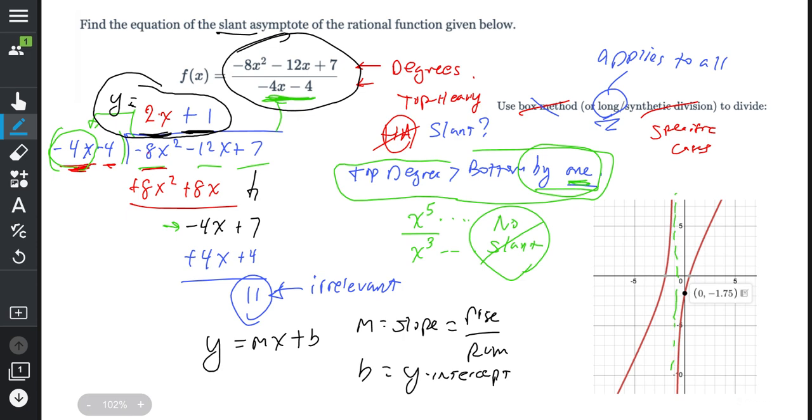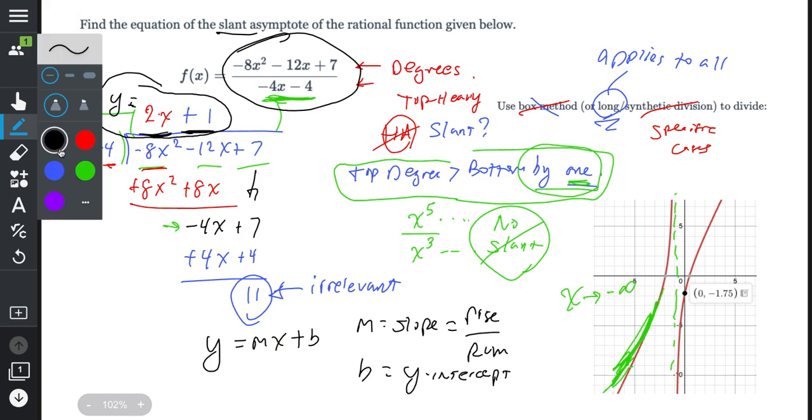However, remember, slant asymptotes and horizontal asymptotes are about end behavior. So as the x of this function goes to negative infinity, this is tending toward a diagonal line. And we'll never touch it, but it's going there.